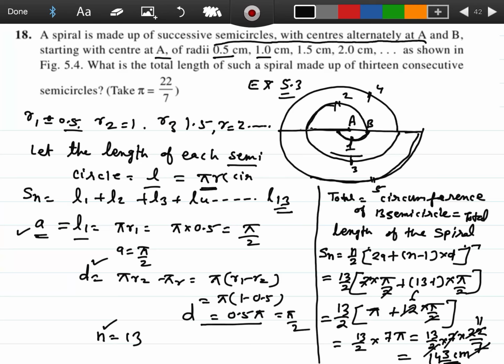Now let the length of each semicircle be L. So L is equal to pi r, the circumference of a semicircle.